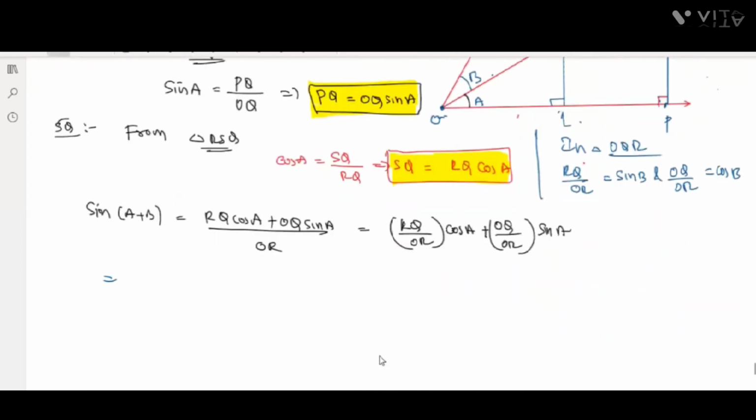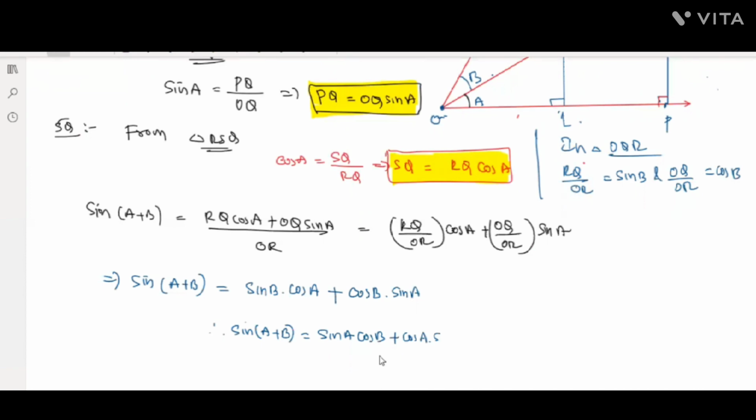We will get sin(A+B) is equal to RQ by OR, which is sin B, into cos A plus OQ by OR, which is cos B, into sin A. Therefore, sin(A+B) is equal to sin A cos B plus cos A sin B.